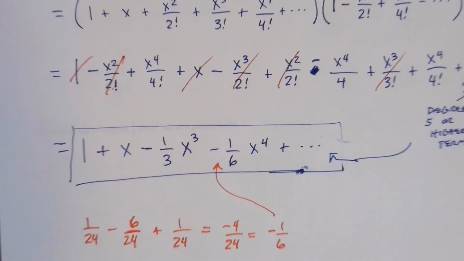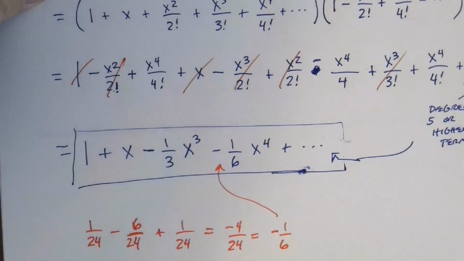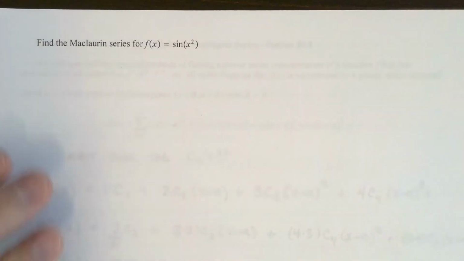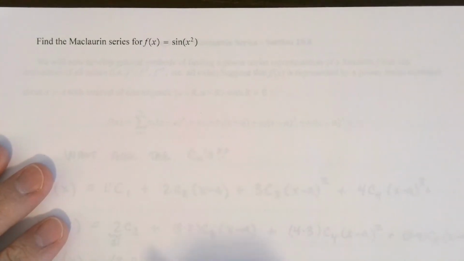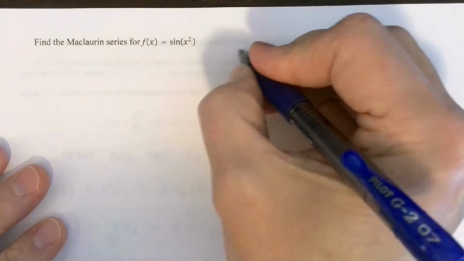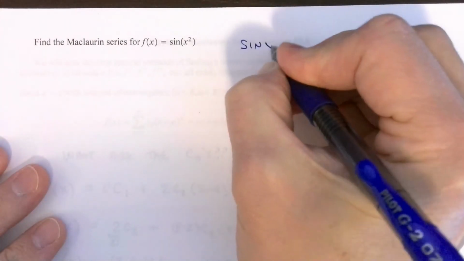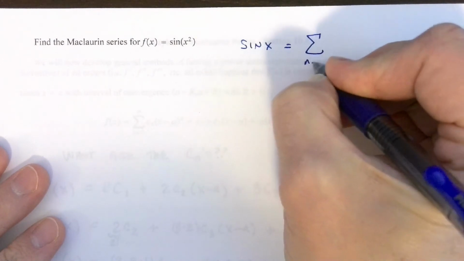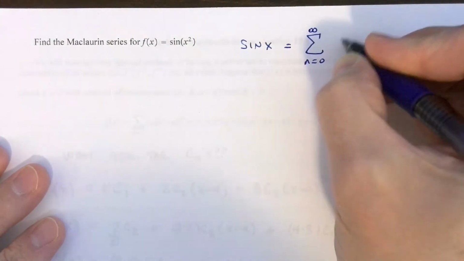And I want to finish by just pulling this full circle. I want to take a look at, first of all, a Maclaurin series for the function f of x equals sine of x squared. Okay, so if you remember, we had the Maclaurin series for sine of x, n equals 0 to infinity.